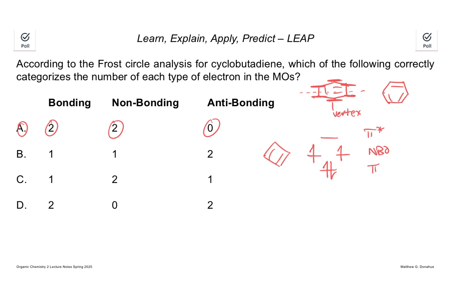So yeah, if you looked at the benzene this way, this would get to your question about non-bonding, because then those central ones would be non-bonding orbitals now.